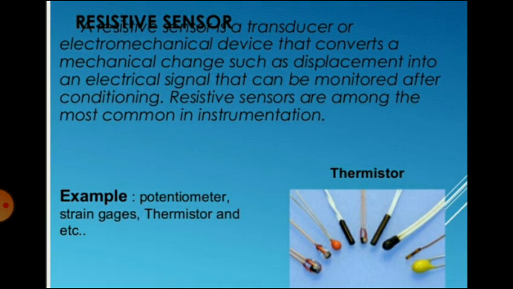A resistive sensor is a transducer or electromechanical device that converts a mechanical change such as displacement into an electrical signal that can be monitored after conditioning. Resistive sensors are among the most common in instrumentation. Examples are potentiometer, strain gauges, thermistor, etc.